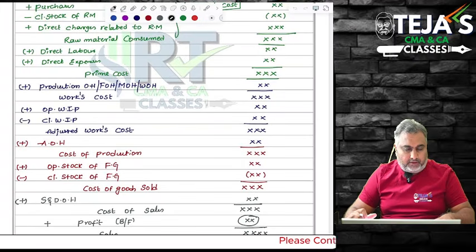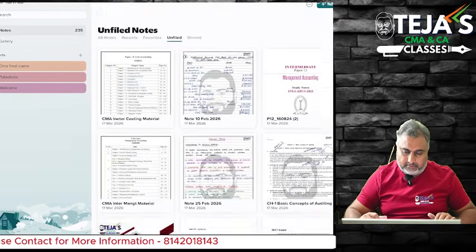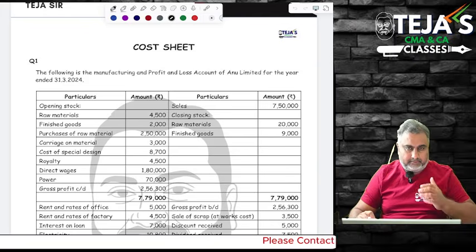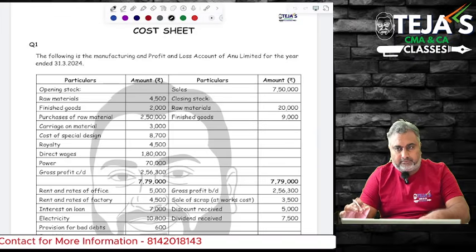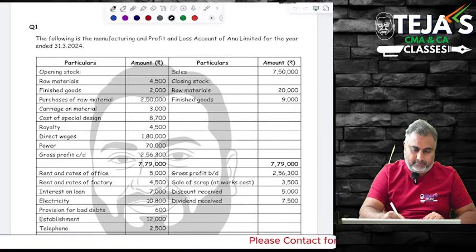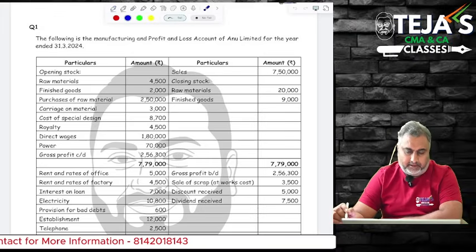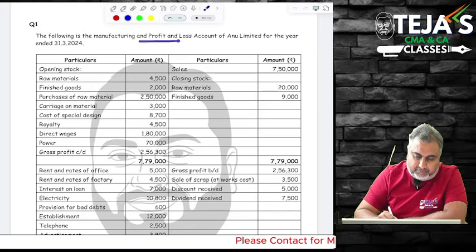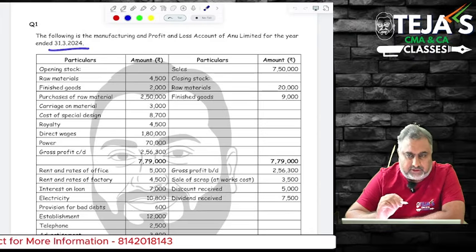Let's open your first illustration from that particular PDF. We'll start.